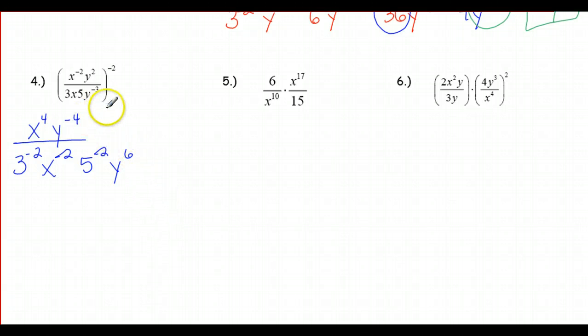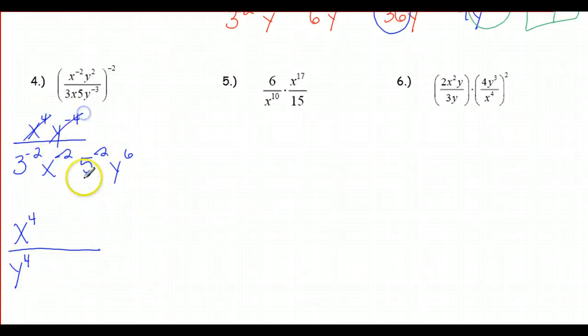I'm going to take my bases with negative exponents and either move them to the numerator or denominator. So my x to the 4th is going to stay in my numerator because it's positive, but the y to the negative 4th is going to go to the denominator.